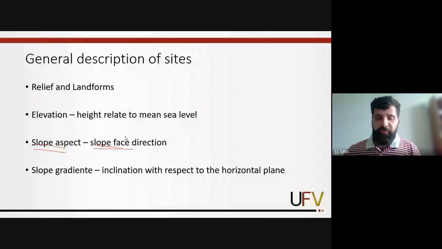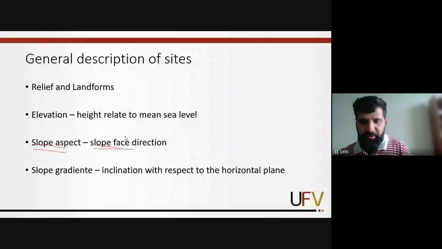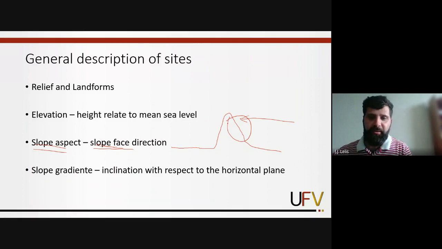Okay, so if you have a landscape like this, very flat, and you have an inselberg here, or a highland, or a mountain, this face could receive more air masses and could present a denser vegetation cover, more developed soils, more leached, with a stronger structure, stronger grade, and deeper soil profiles compared with this face that could be drier with less dense vegetation and shallow soils. So the slope aspect is quite important.